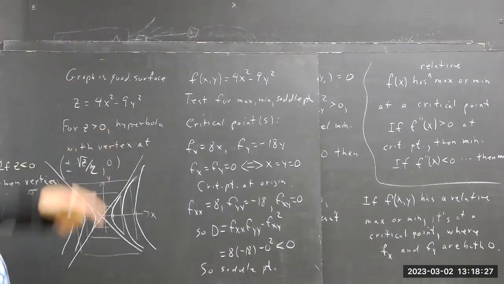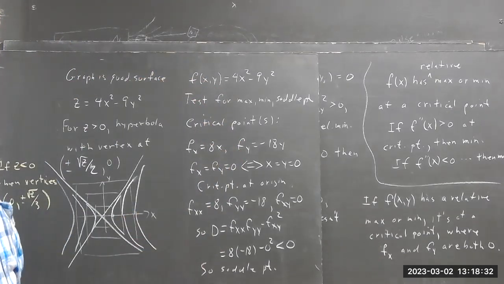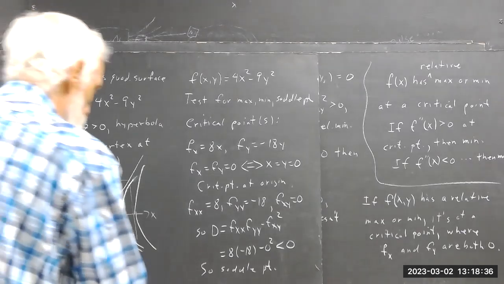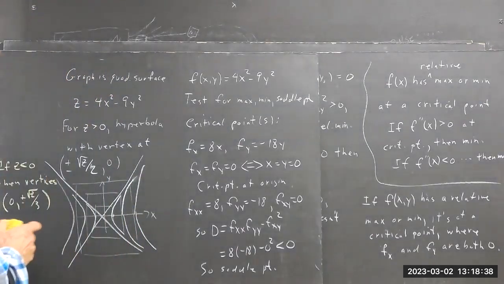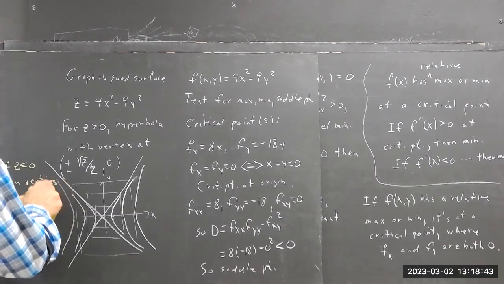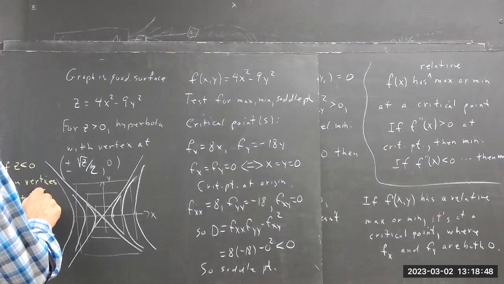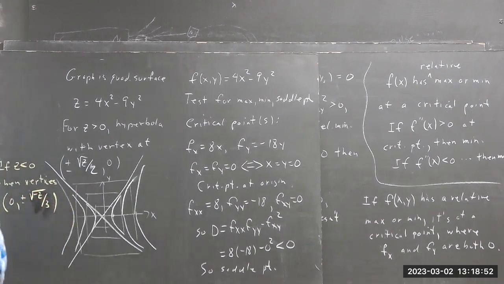But then we just write it as 9y squared minus 4x squared equals negative z, right? And it actually ought to be the square root of negative z over 3, because z is negative, so that's going to be positive.